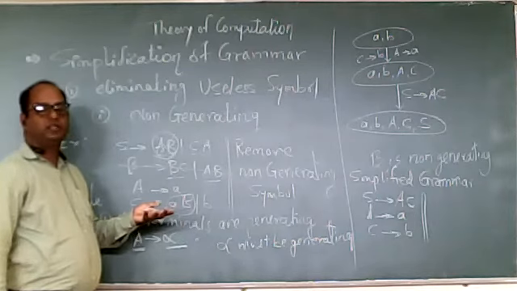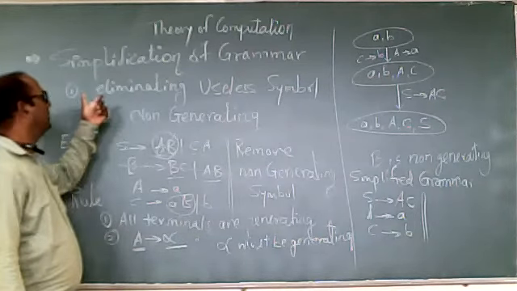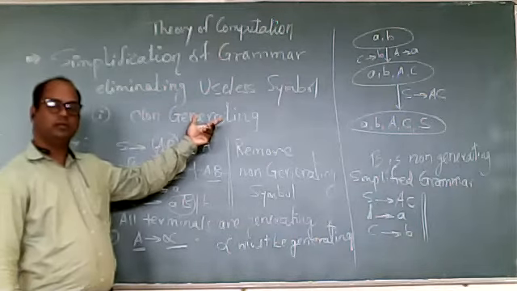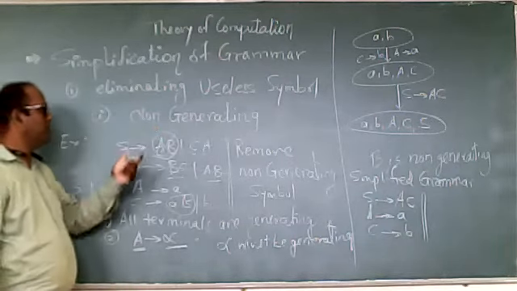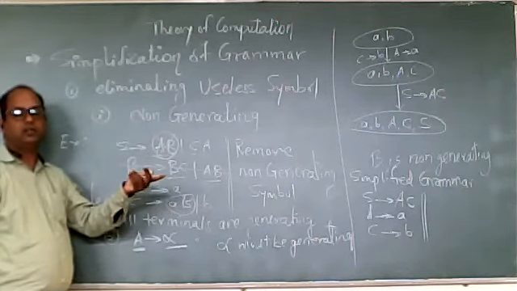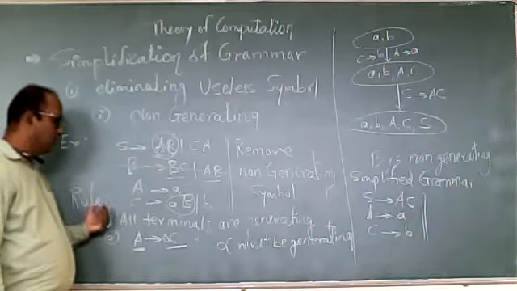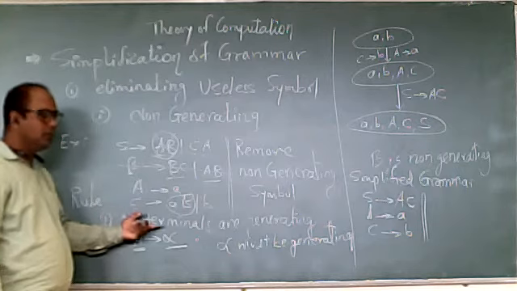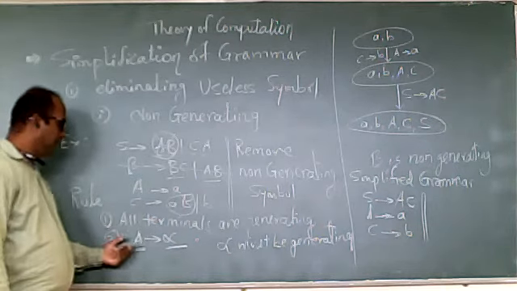So this is the example of simplification of grammar. The first method is called elimination of useless symbols, out of which we are seeing non-generating symbols. The definition of a non-generating symbol: a symbol which cannot generate any terminals or any string. So what are the rules to find the generating symbols? First rule: all terminals are generating symbols.